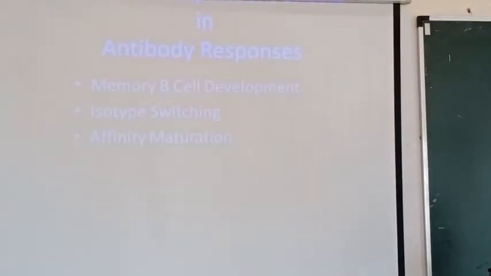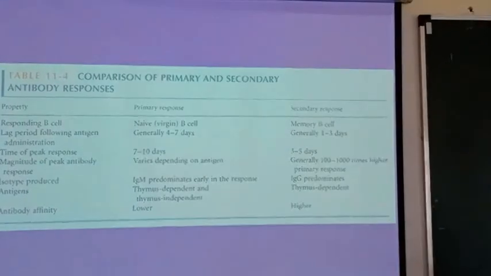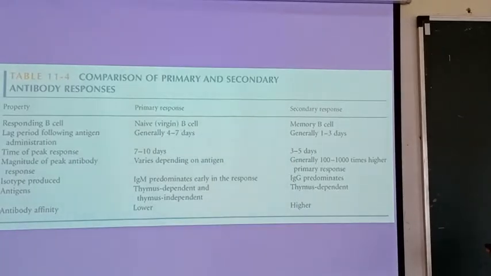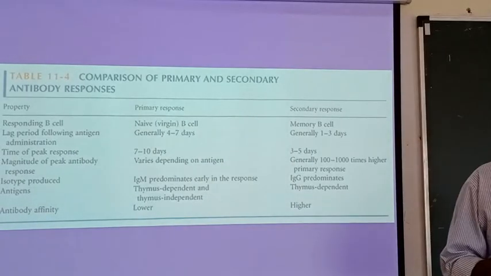Now, how is this antibody response carried out? One is the development of memory B cells in the secondary response, and second, isotype switching and affinity maturation are carried out. Now this is a comparison between the primary response and the secondary response.